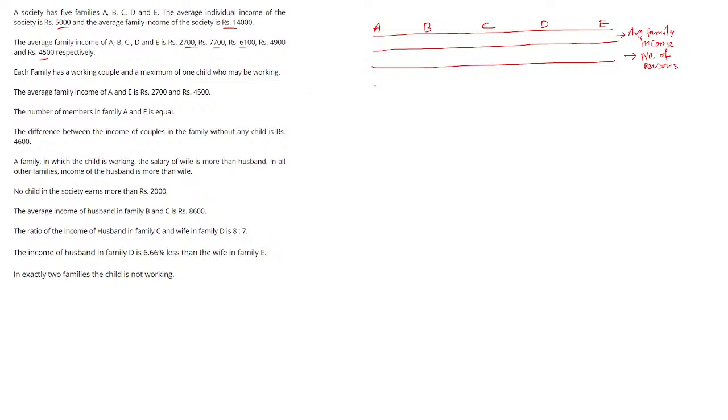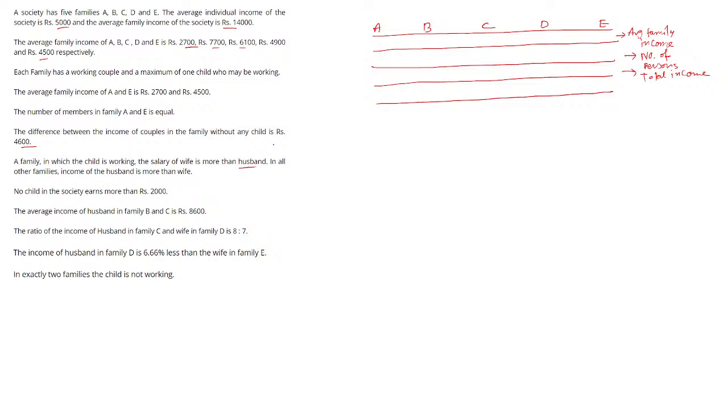Clearly we can find out the total income in each family. Now the number of members in family A and E is equal. The difference between the incomes of couples in a family without any child is 4600. In a family in which the child is working, the salary of the wife is more than the husband.